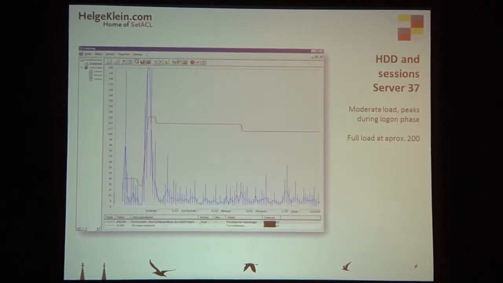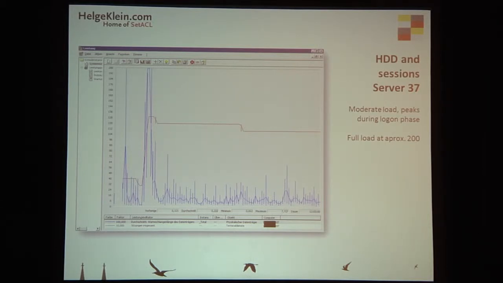Now, we use the same procedure for the other system components. Next, hard disk usage. Here in this graph, again, red is the user count, the session count to be more exact, and blue is the average disk queue length. And the scaling is such that at the top we have the number 200. That means an average disk queue length of 2.